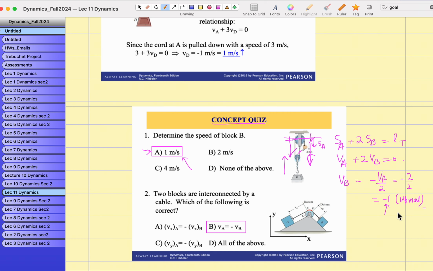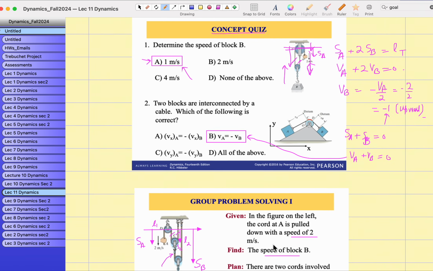Negative means it is upward direction. And in this case, you see they are related in a way that I would say S_A plus S_B equals 0, or V_A plus V_B equals 0. Or if you rearrange it, you get this relationship. This is your right answer.